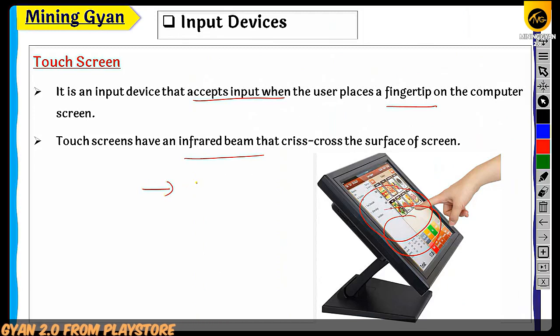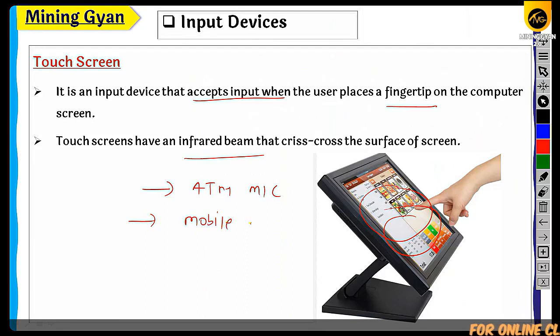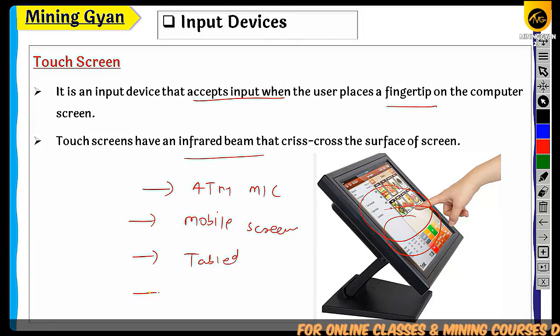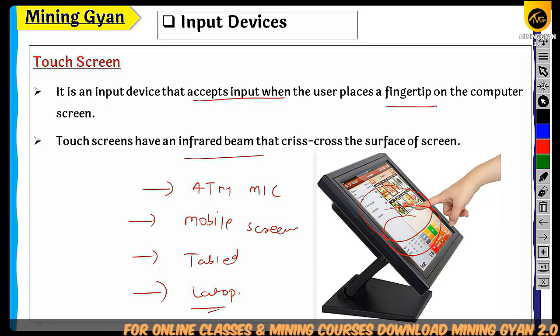Basic uses are in ATM machines, which are based on the touch screen system, and also in mobile screens and tablets. Nowadays a lot of laptops also use the touch screen system.